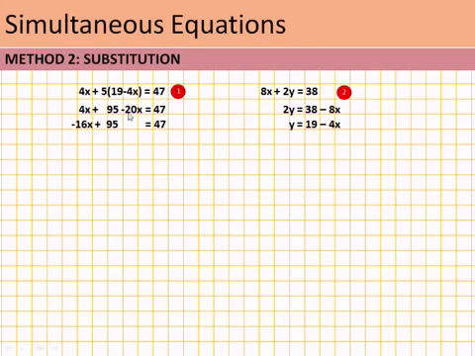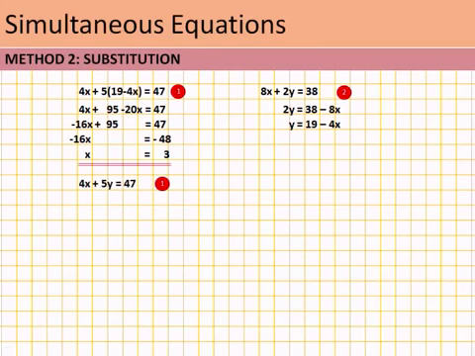Well, we've got a 4x and a minus 20x that makes minus 16x when you put them together. So the next stage is minus 16x plus 95 equals 47. And then we can take away the 95 from both sides to give you minus 16x equals minus 48. And then finally we can divide everything by minus 16 to find out that x equals 3.